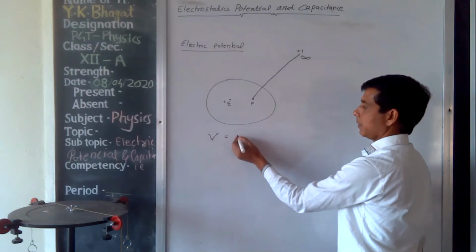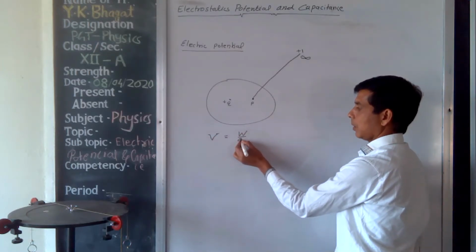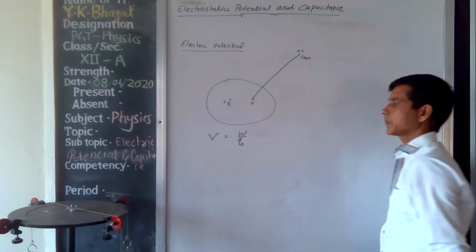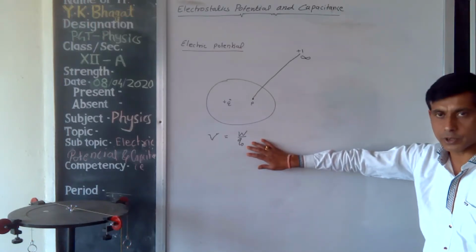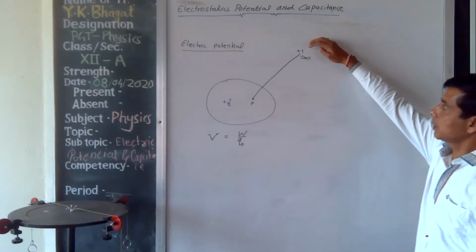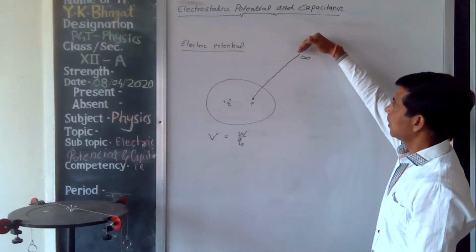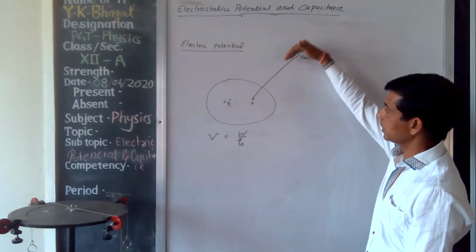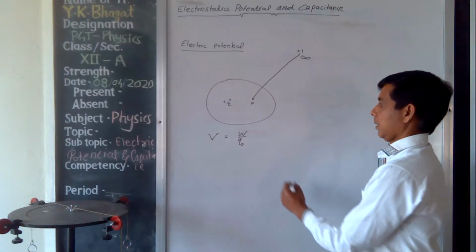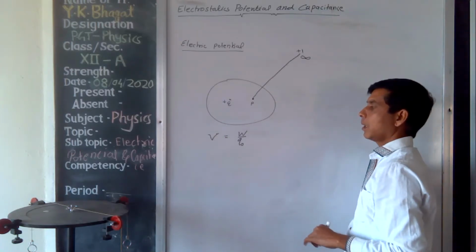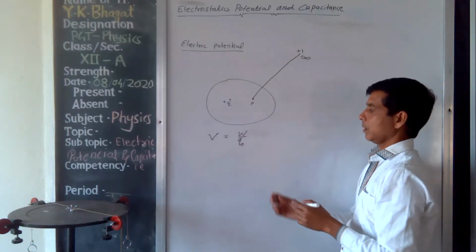That means capital V will be equal to W by Q naught, where Q naught is the test charge brought from infinity to any point. Then what will be the SI unit of potential?